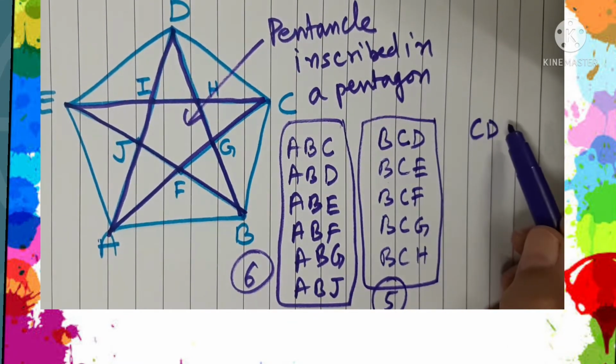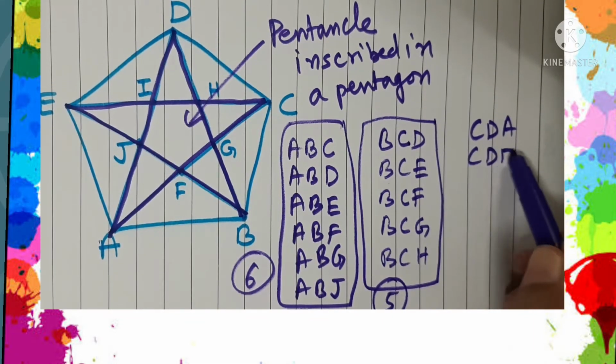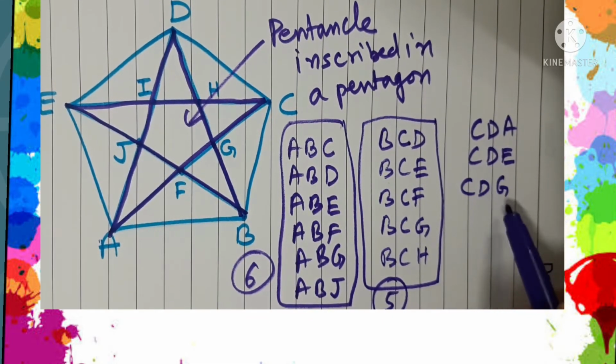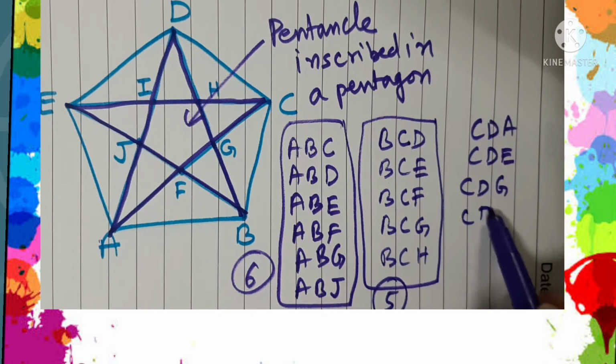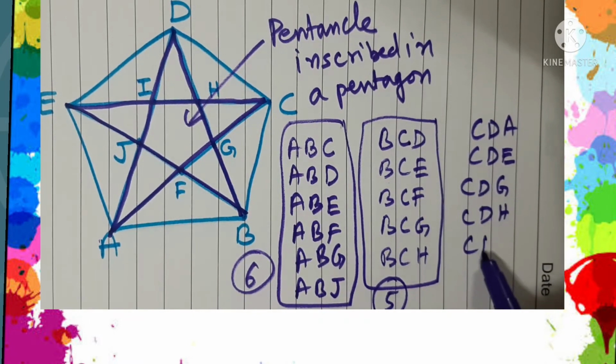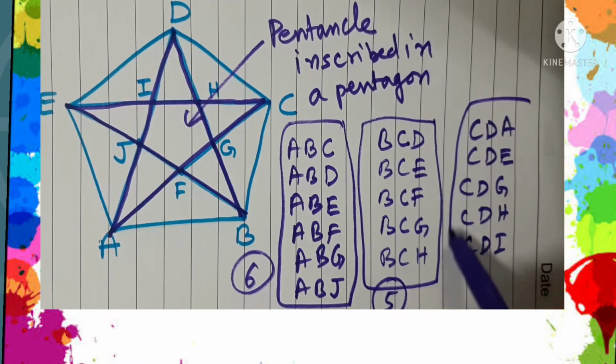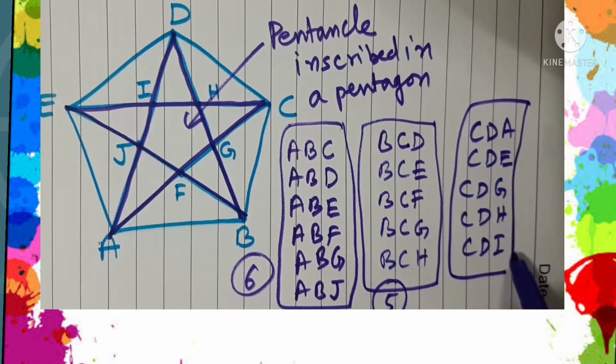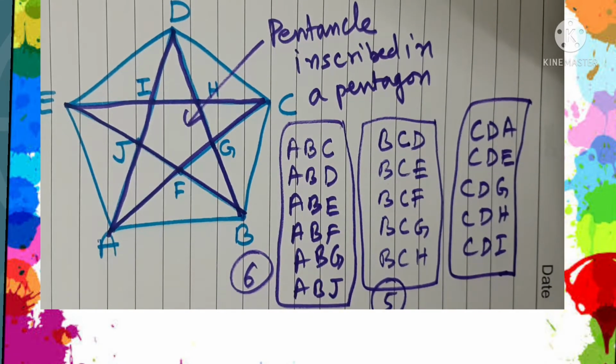We see CDA, CDE, CDG, then CDH, and CDI. It's easy because we have named the vertices in order of the alphabet series, so we can simply keep a check.